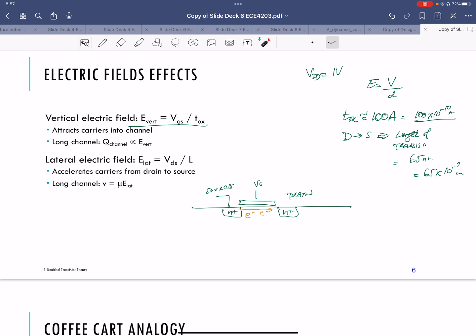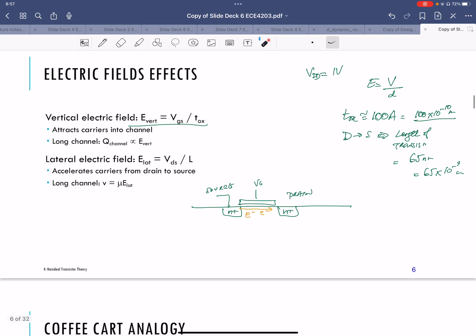And the surface of the silicon, like any kind of surface, has non-uniformities, very, very tiny, at the atomic level. And that tends to slow down the electrons. Okay, so that's the first thing. So the vertical electric field refers to the electric field this way. Actually, it's going from positive to negative, I guess, so it'd be going like this, pulling the electrons that way. So that's the vertical electric field.